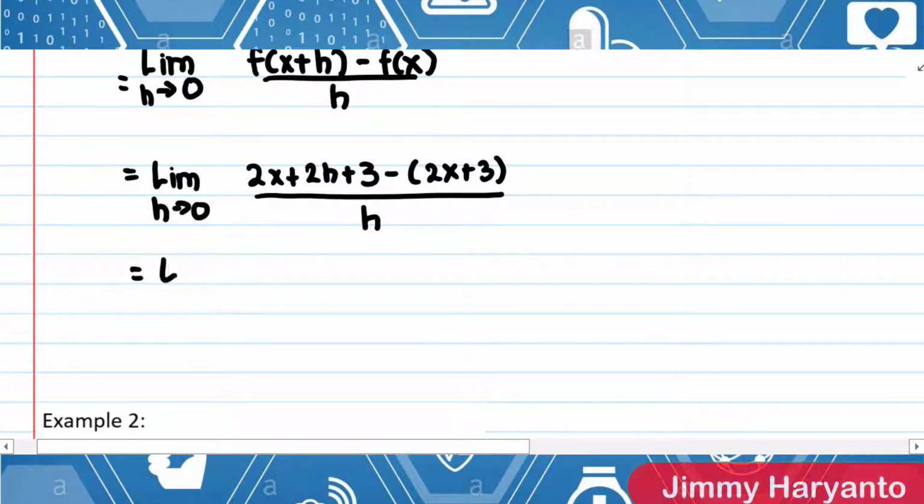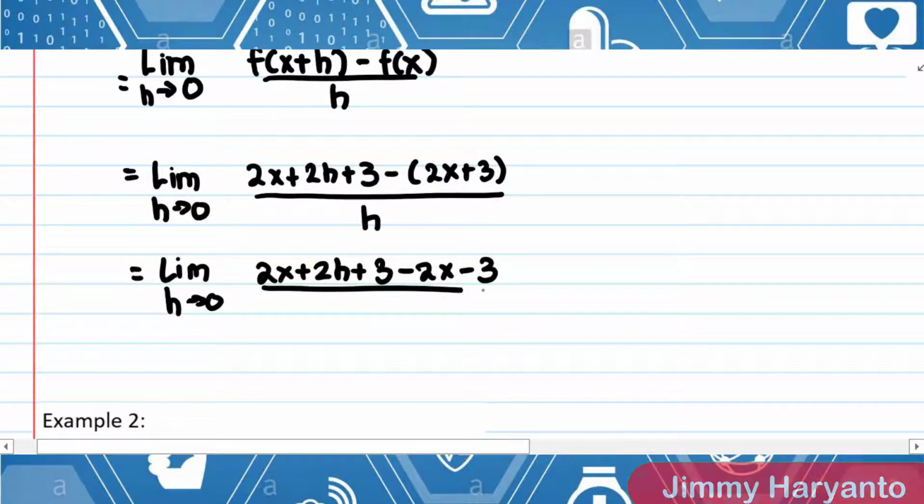When you simplify, you will have limit h approaching 0 from 2x plus 2h plus 3 minus 2x minus 3 over h, and then you will have limit h approaching 0 from 2x minus 2x is gone, 3 minus 3 is 0, 2h over h.